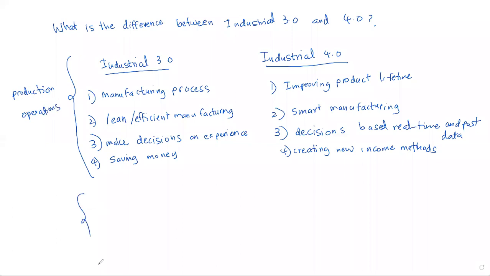So the next thing is the improvement based on the IT operations, right? So IT operations. Basically, IT and software support has been taken in 3.0 for improving the process of the system, improving the process efficiency and so on.